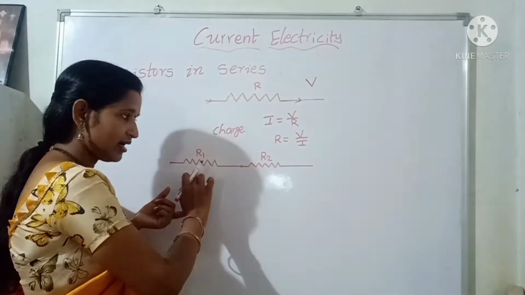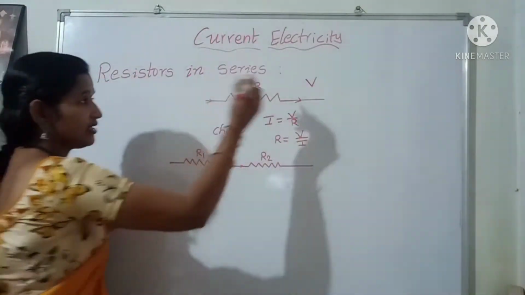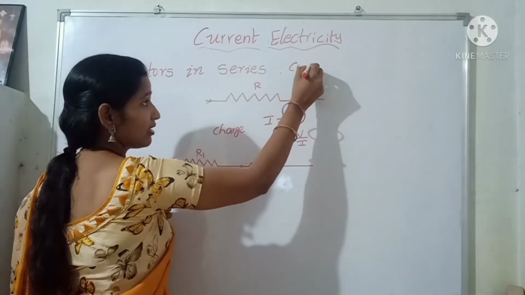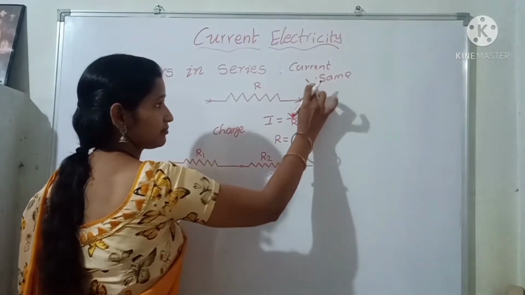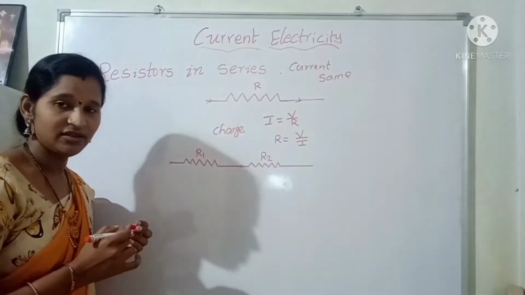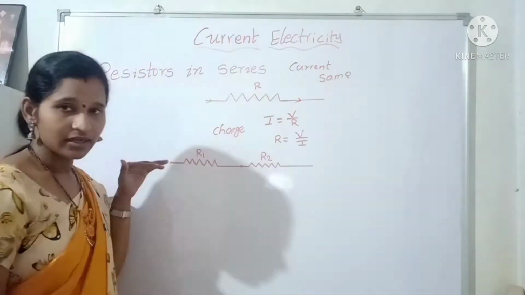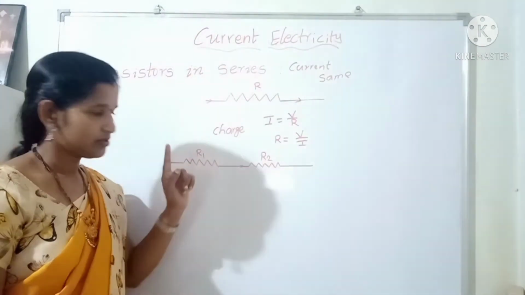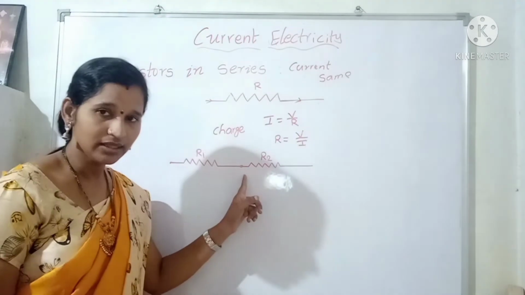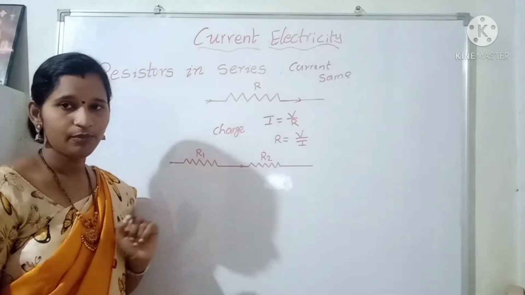So the current in the two resistors is the same. This is very important: in series combination, the current is the same. And the second important point is that there is only one path for the current to flow.